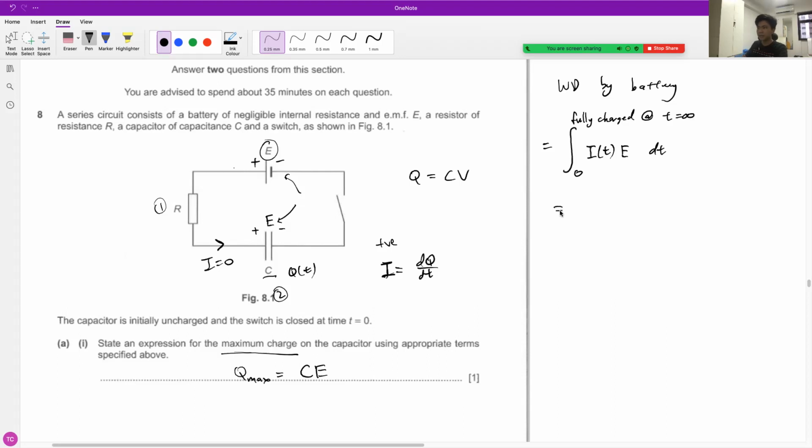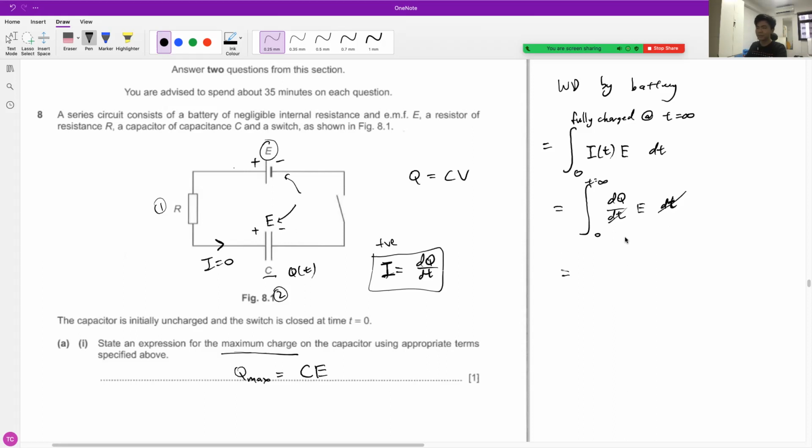And you realize that we can do a convenient change of variables using this expression. We can do dq over dt times E dt, from time t equals 0 to infinity. We're currently working in terms of time, but we can change variables to charge by noticing that dt appears in both the numerator and the denominator, so they kind of cancel off.